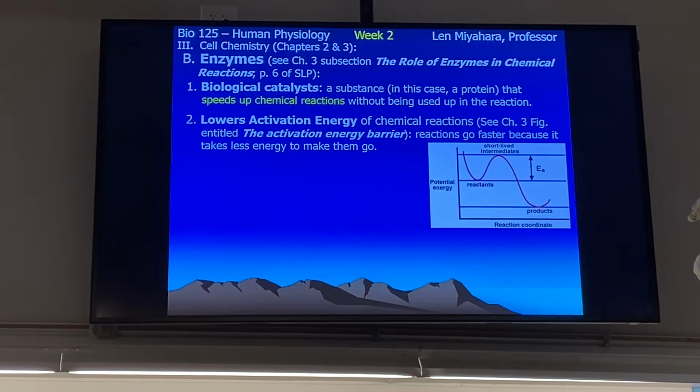What all catalysts do, and this is what enzymes do, is they lower the activation energy of chemical reactions. Do you guys need for me to explain that? Yes, please. Okay. This is going to be a graph of potential energy.